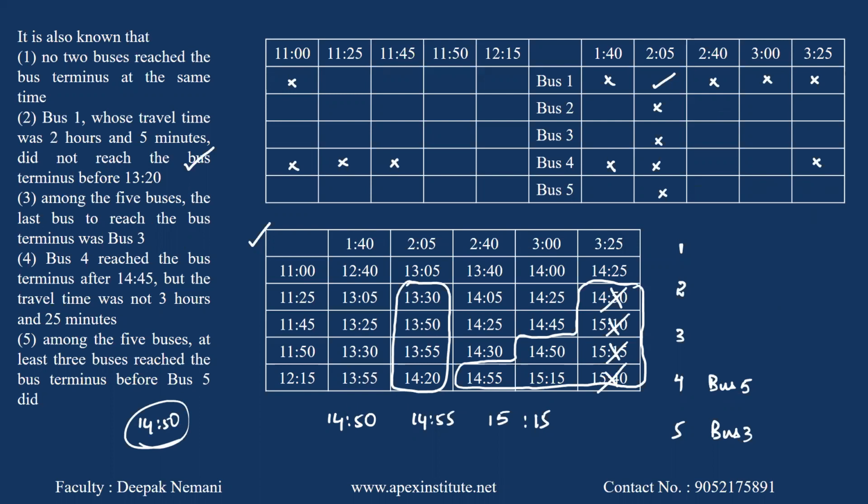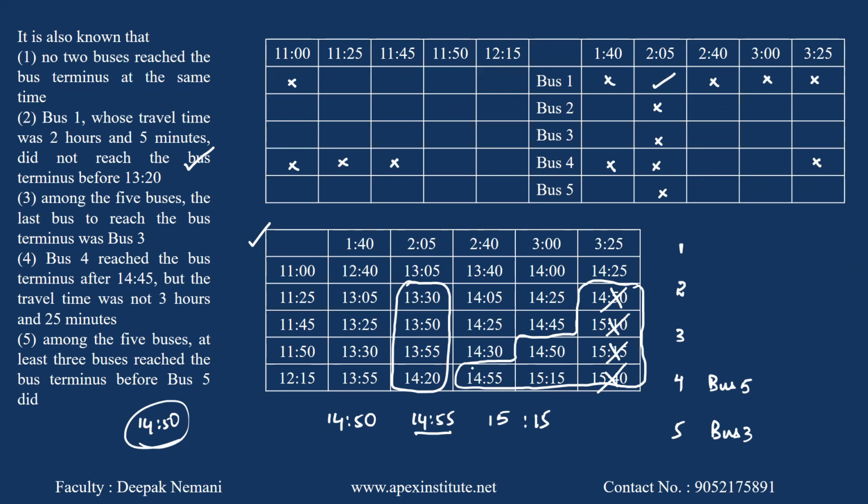And if bus 4 reached the terminus at 14:55, then bus 5 would have reached at 15:15 or 15:10 or 15:40. Cannot be 15:40 because bus 3 is the last bus to reach the terminus. Okay. Now, the reaching time of bus 5 could be either 14:55 or after 14:55.